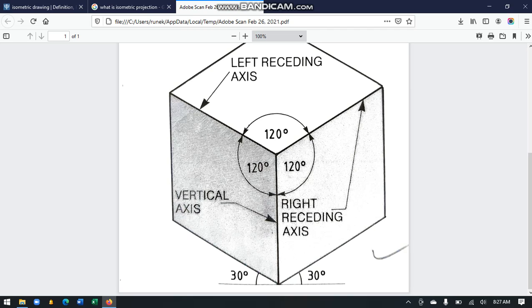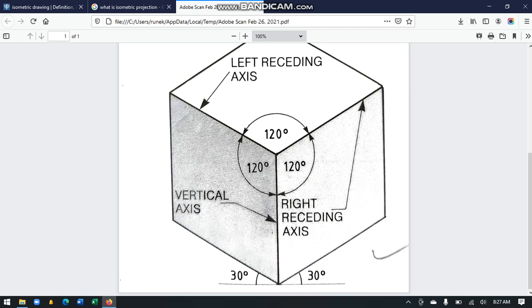You have the right receding axis going in a different direction, and you have the left receding axis going in a different direction. So all three of these axes are going in different directions. This is why it's called a three-dimensional drawing.